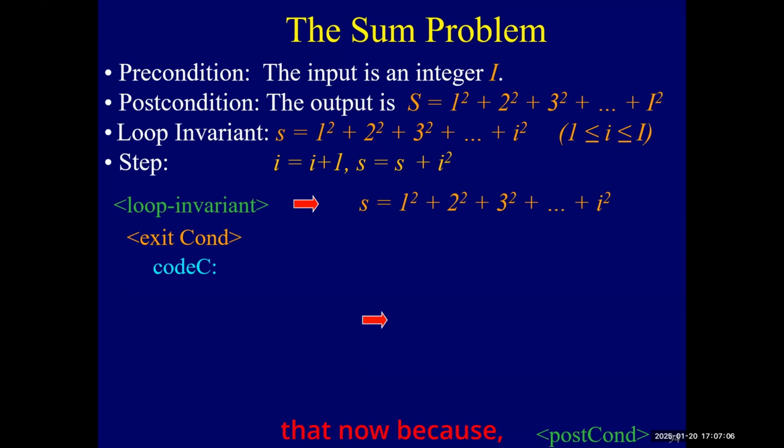I'm not doing that now because in this little block, we're not going to be changing the value of I. So I is the value at the top of the loop, I is the value until the exit condition.